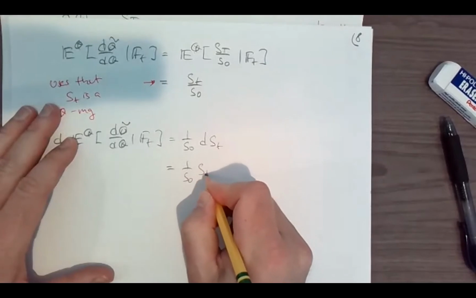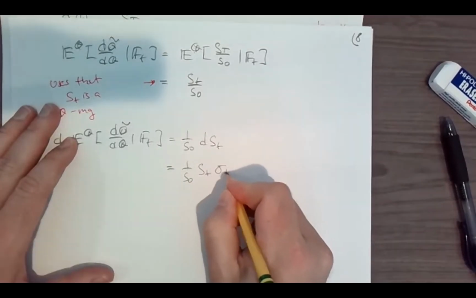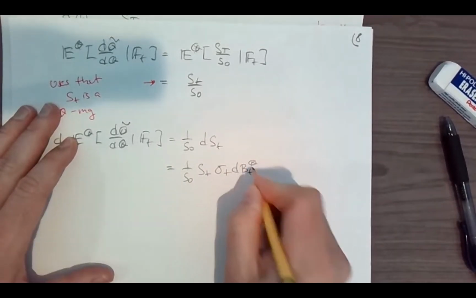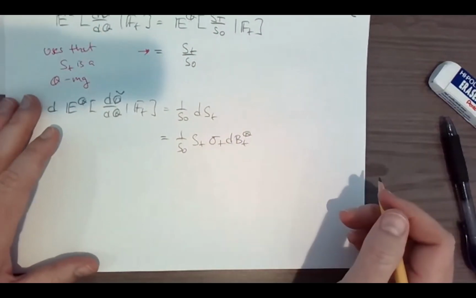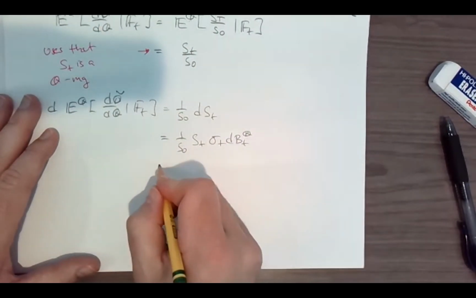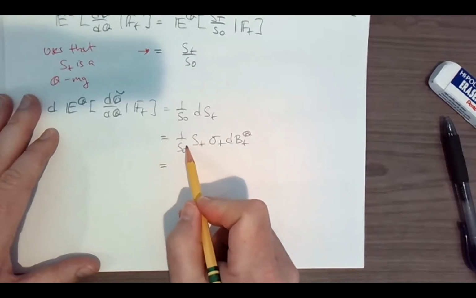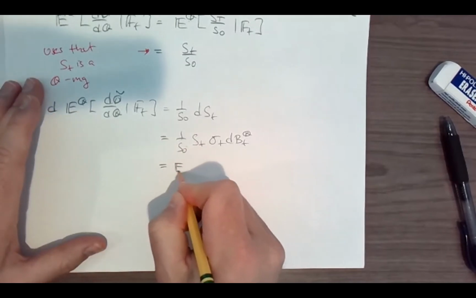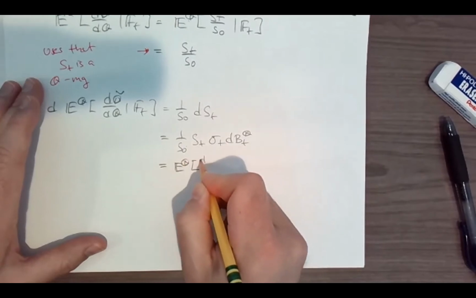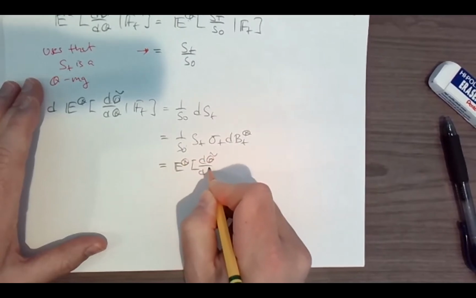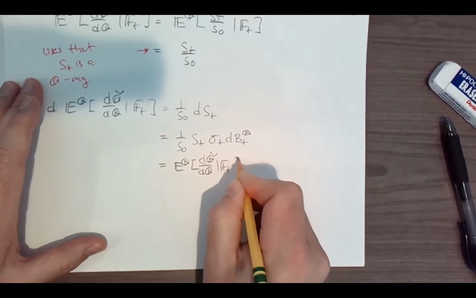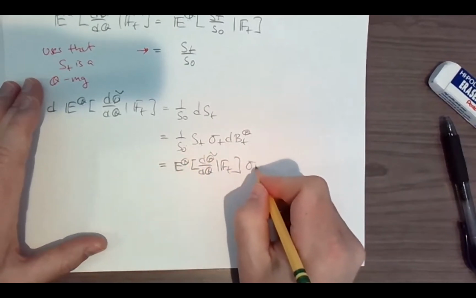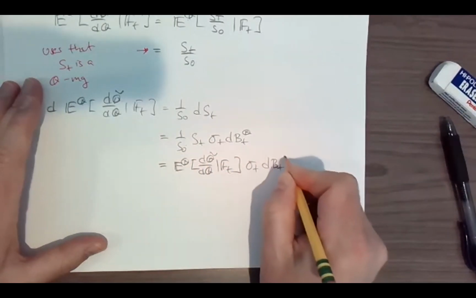So this will be S_t sigma_t dB_t^Q. And now we recognize that the first part is exactly the conditional expectation. So we have the conditional expectation of the random equilibrium derivative. That was that part. And then we have our sigma_t dB_t^Q.